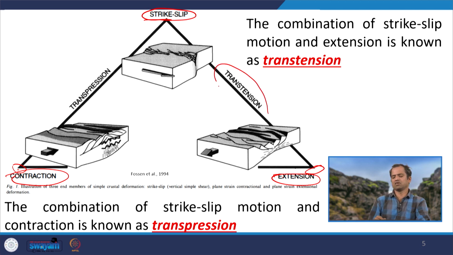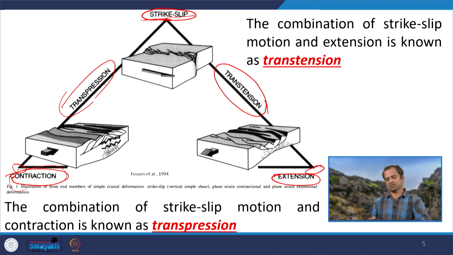That area in between will be termed transtension, and if there is reverse faulting, that is contraction, together with strike slip motion, this area will be called transpression. So, transpression and transtension depend upon whether it is compression or extension.